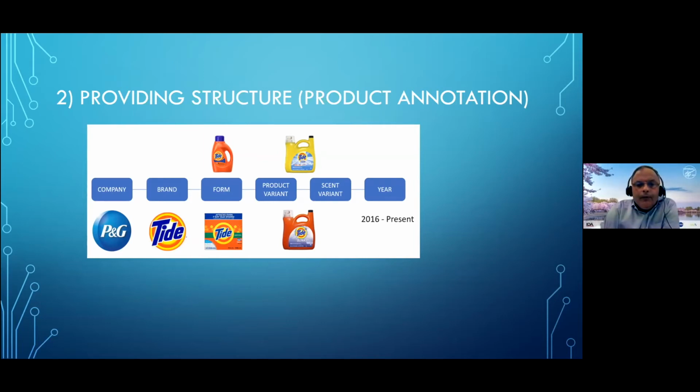Company brand and form, those are easy, but there are so many variations of product and scent that we have in the laundry business that we need to establish a common product annotation hierarchy, and follow it strictly with corresponding IDs so that we can track when a product appears in multiple studies or when we want to link data for the same products across multiple benefits.